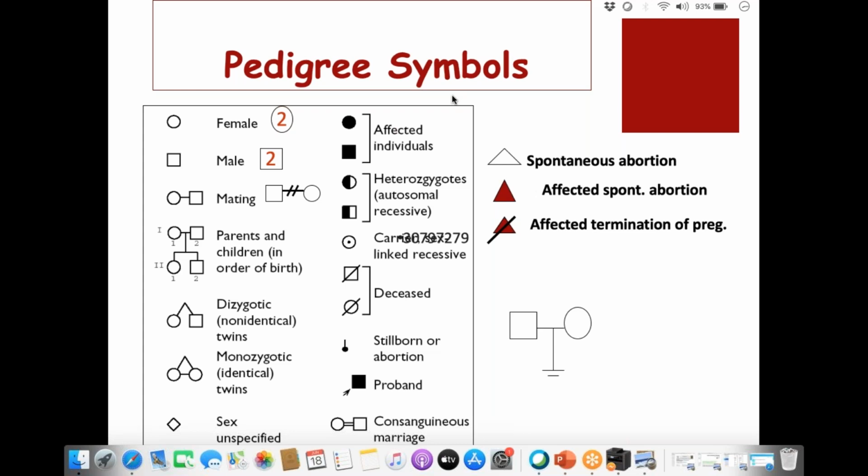Somebody said died in utero. Not exactly, no. For somebody who answered died in utero, please look at this. Here, this individual is deceased. And since you would not know the sex of the individual which is deceased, you will use this as a diamond. You won't use either a circle or a square.